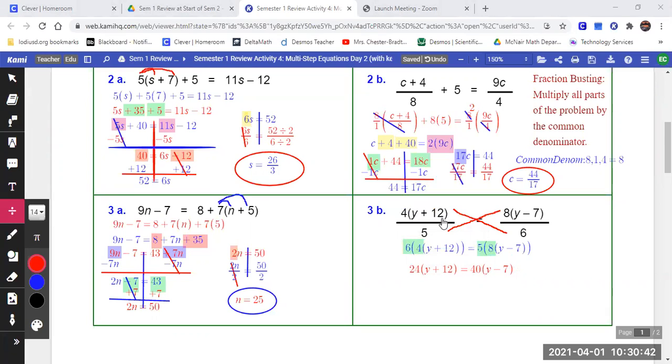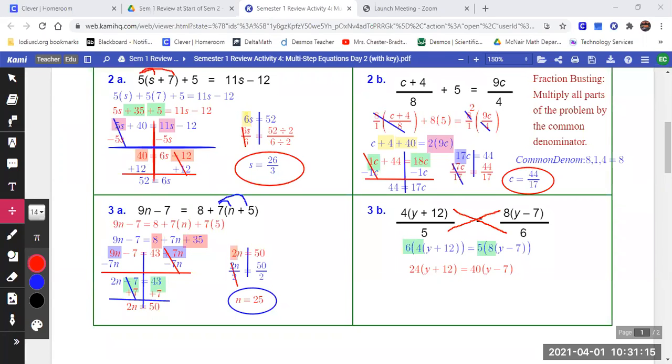All right, so now what would we do? Looking at the problem now, what would be the next step? Yeah, the distribution.